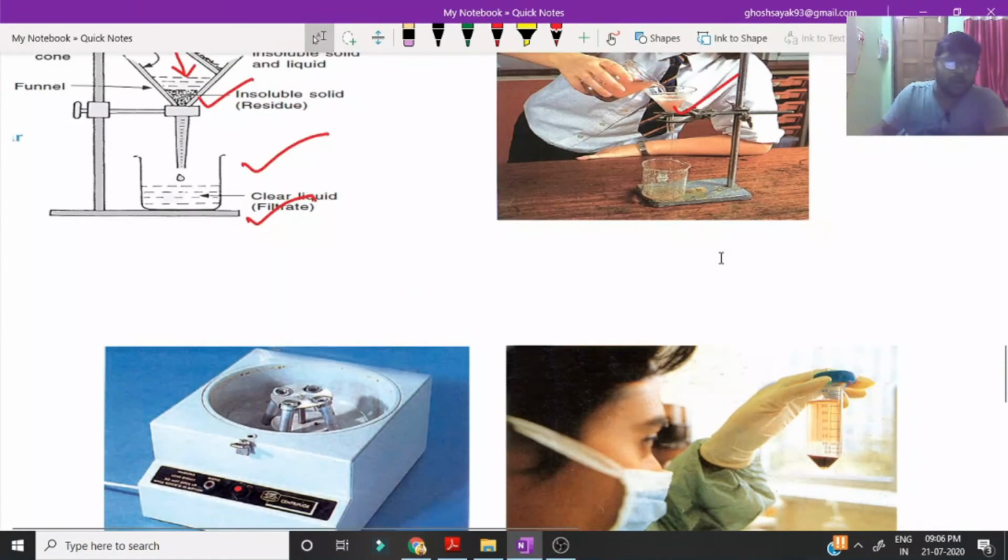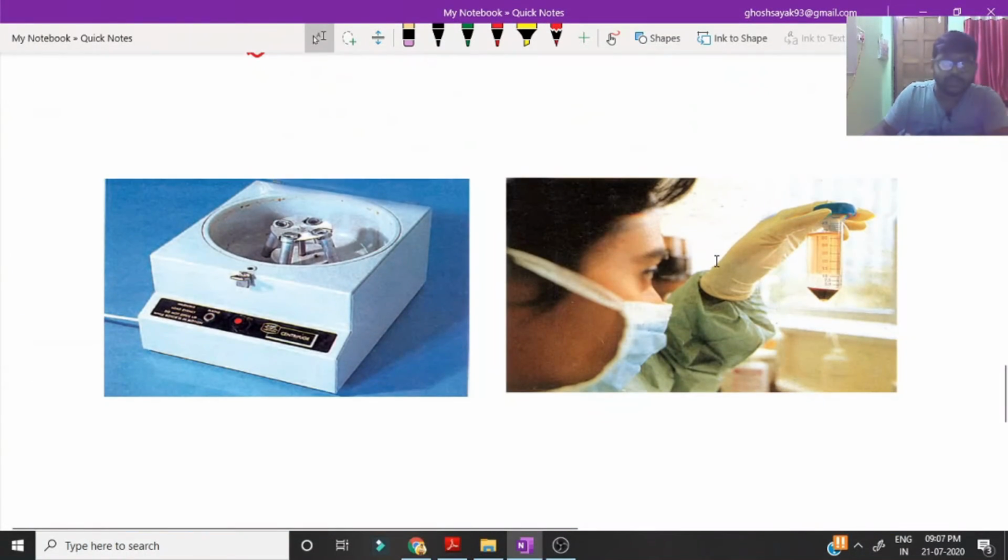The second process by which we can separate the mixture of components, like one is solid, another one is liquid, solid dissolved in a liquid, that is centrifugation.